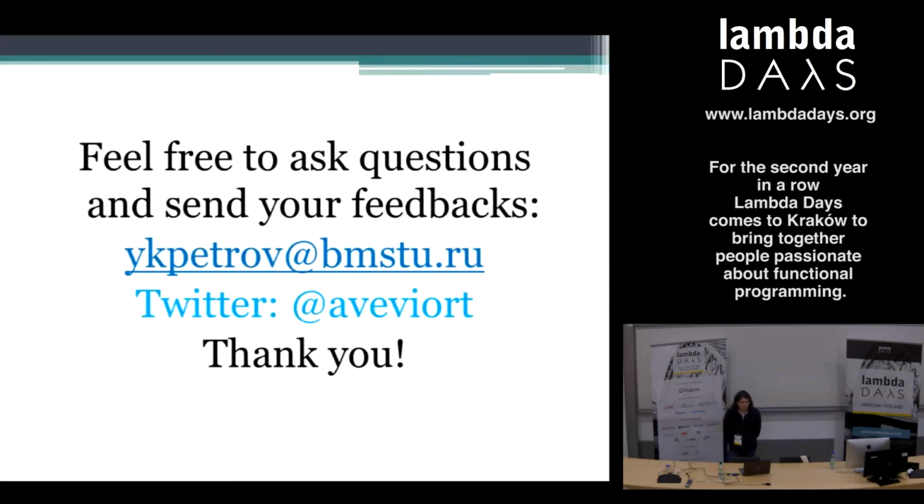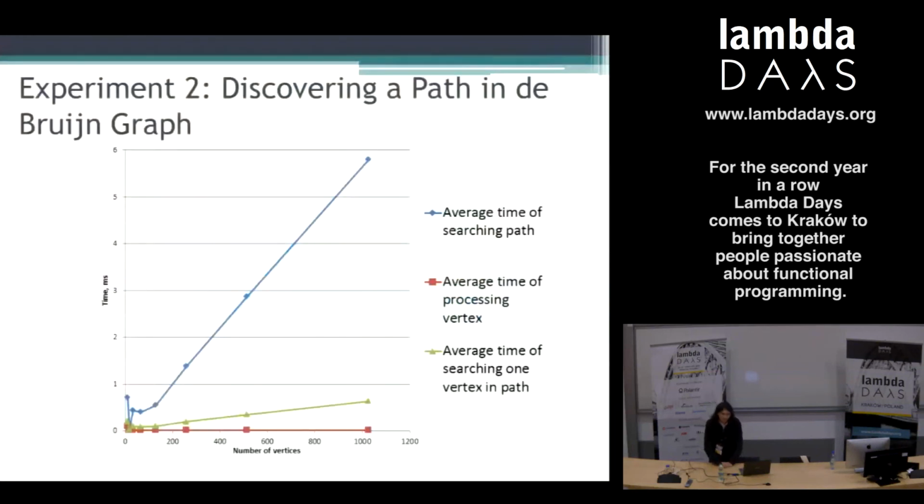Okay, so we have time for some questions. I noticed that your graph searches were constant time, and I know that's the case if you're searching for a path that contains A to C and B is along the path. You mean that constant, the red line?